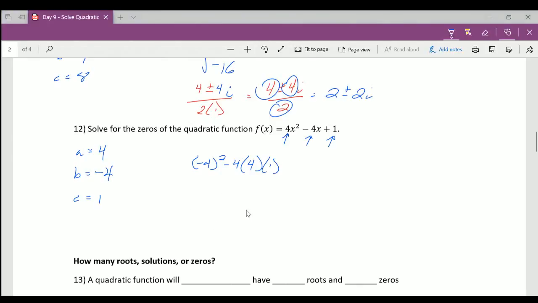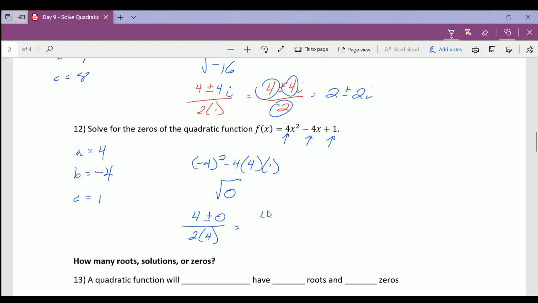Punch that in the calculator exactly the way you see it, and you'll be good to go. This does give us 0. And the square root of 0 is still 0. Okay, if we want to start it off with plus minus 0, hey, go for it. We are going to put the opposite of b here, and then 2 times a goes down here.